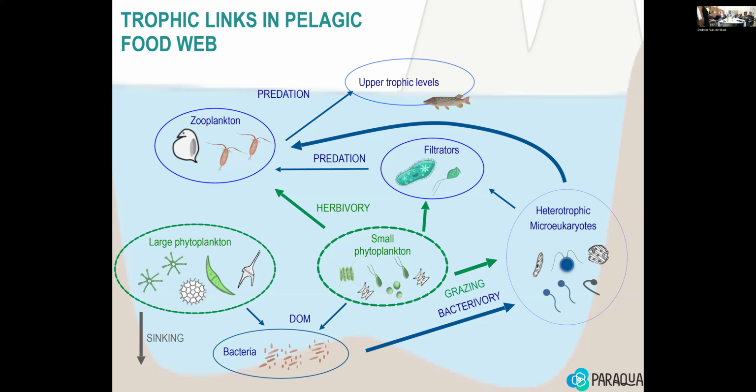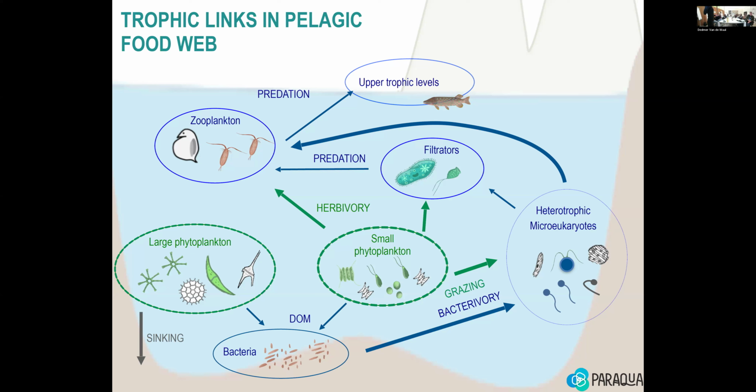It was the microbial loop that really focused on the importance of the heterotrophic microeukaryotes as a key compartment to transfer the energy from the very basal level, the small phytoplankton and bacteria, up to filter-feeding zooplankton and the upper trophic levels. But for some time, the pelagic food web links really focused on predation and herbivory.